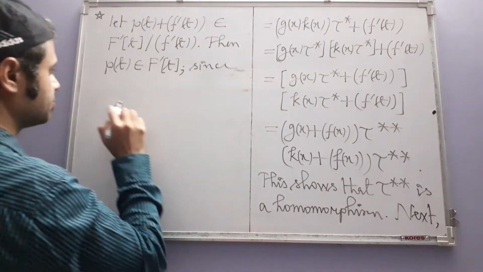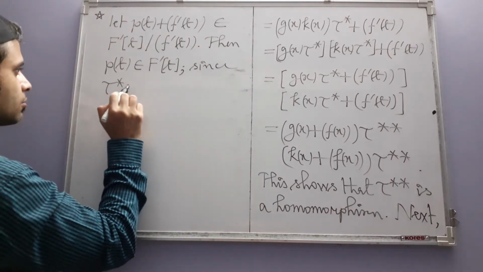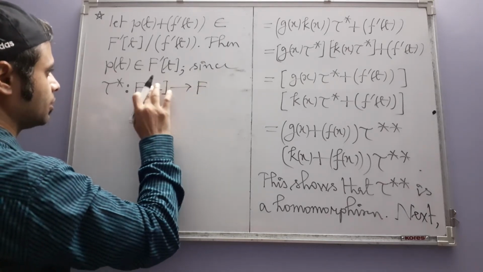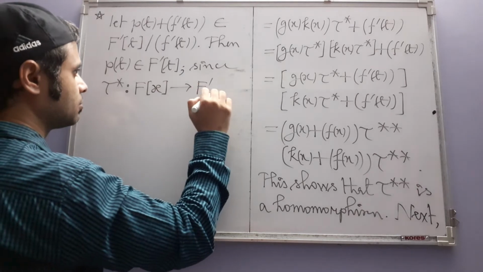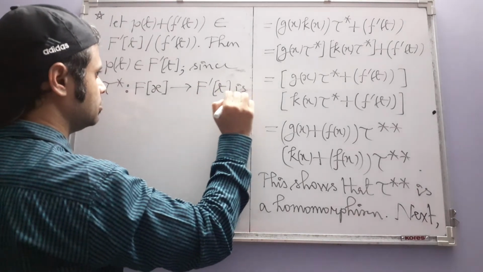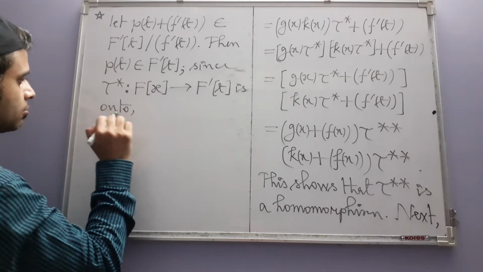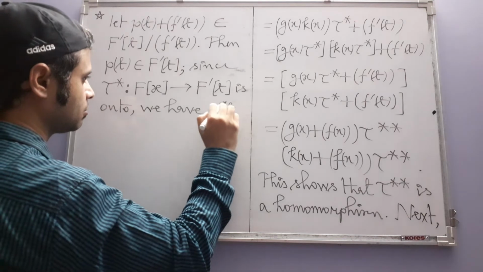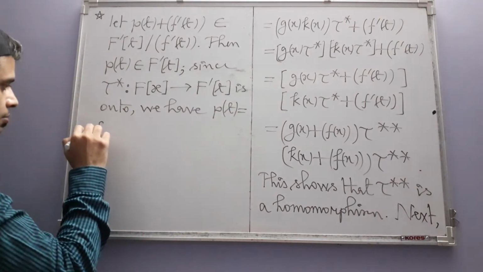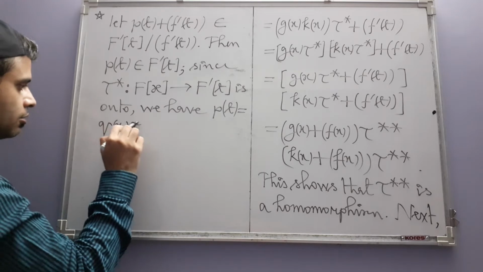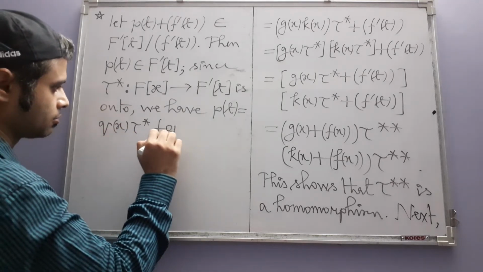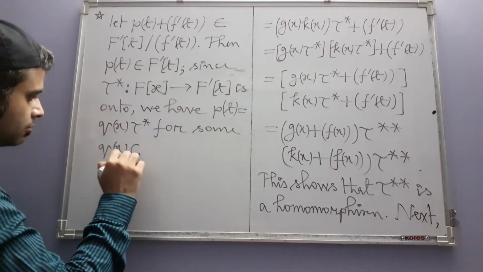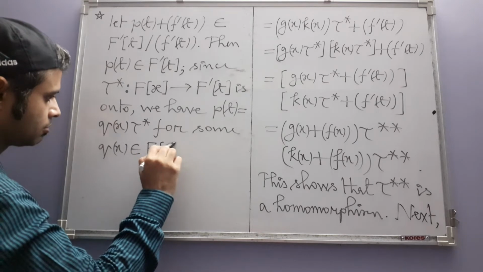Now since tau star is a function from fx to f prime t, and it is onto, so we have pt equal to qx tau star for some qx belonging to fx.